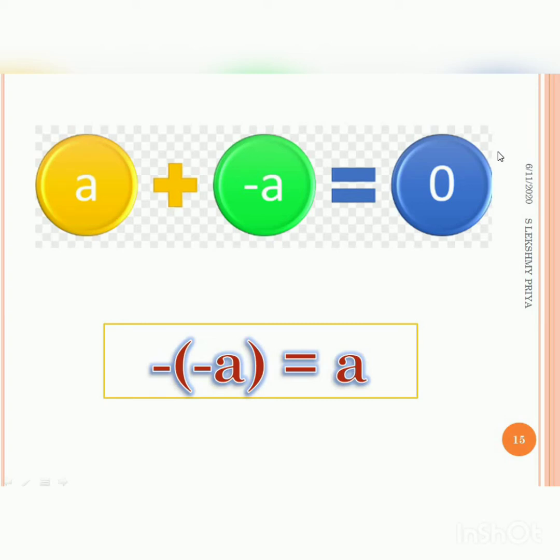When you are adding a with negative a, you get the additive identity 0. So a is the additive inverse of negative a and negative a is the additive inverse of a. You can write it like this: negative of negative a equal to a, or opposite of negative a equal to a.